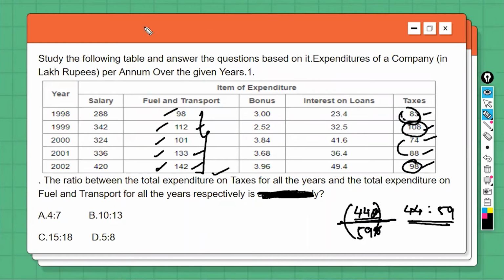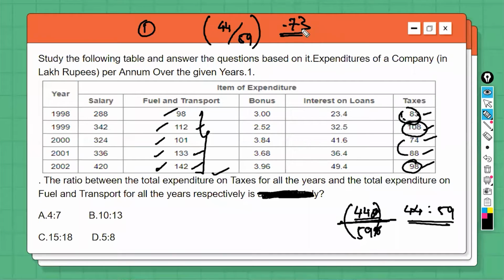First technique is this. Find what is 44 by 59. You guys can use your calculator and tell me what this is. 44 by 59 is 0.7, something like this, 0.73 something.